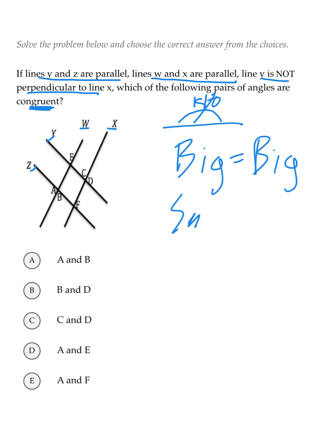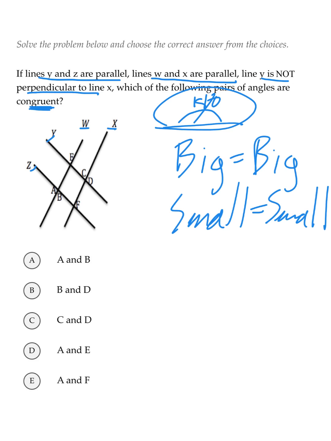Small angles equal other small angles. Again, we can assign numbers to some of these angles and then find the other angles based on this rule of linear pairs, that two angles across a straight line are 180, or we could just look at, hey, which angles are big, which angles are small. Okay, those are going to be equal to each other.